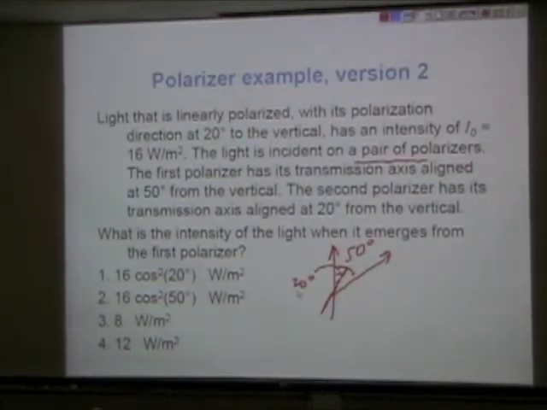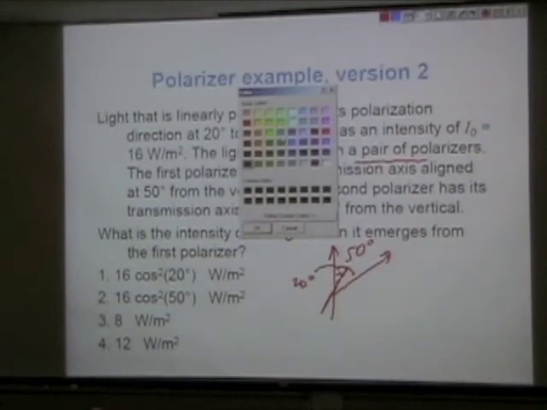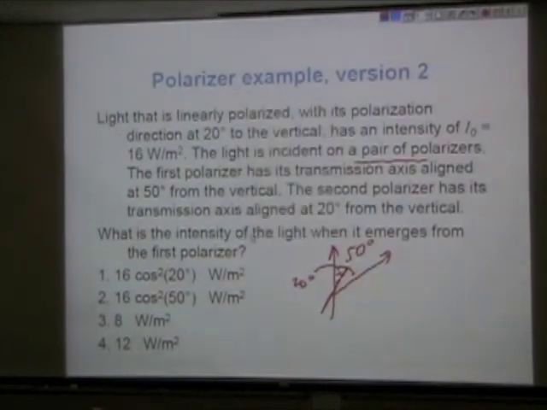Well, I'm going to give it a try. Light is initially polarized at 20 degrees to the vertical. Usually, when the angle is represented by a positive number, well, Professor Tucker at least, means that it's measured clockwise.